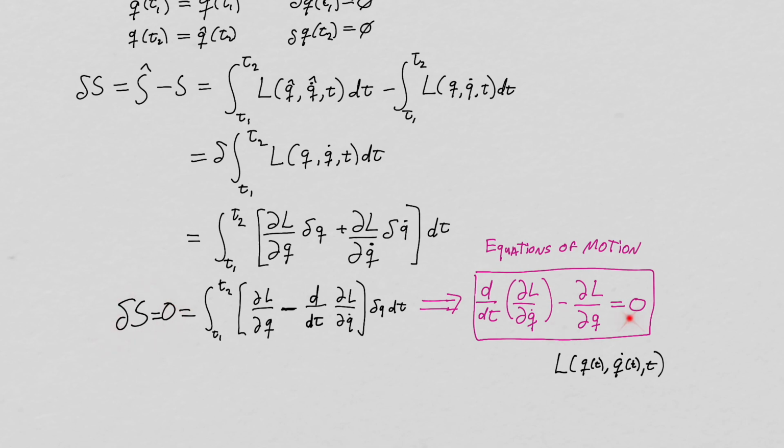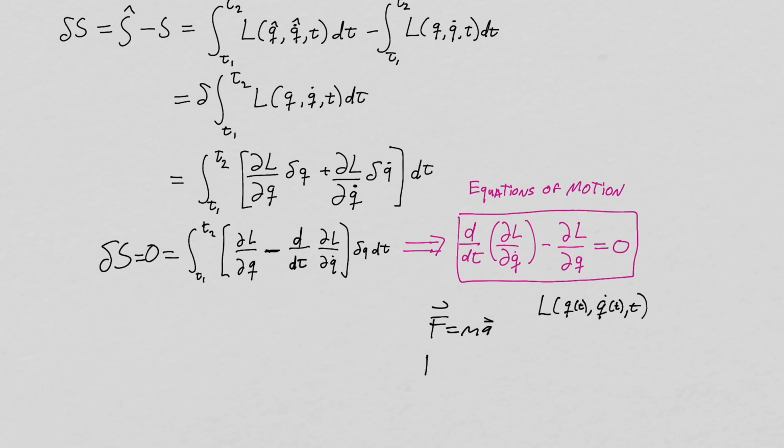But this better end up giving us F equals ma, right? That better give us F equals ma. And likewise, it better give us F equals charge times electric field plus v over c times magnetic field, right? Those are equations of motion. This is the equation of motion of a free particle. This is the equation of motion of a particle in an electromagnetic field.